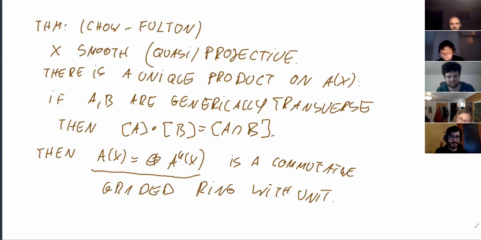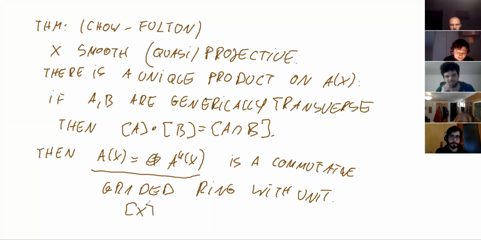Who's the unit? Well, the unit is the class of the variety itself. So if you intersect with X, nothing happens. That's the one. So maybe I will write that X is 1. It's codimension 0. Yeah, the only thing of degree 0. Okay.